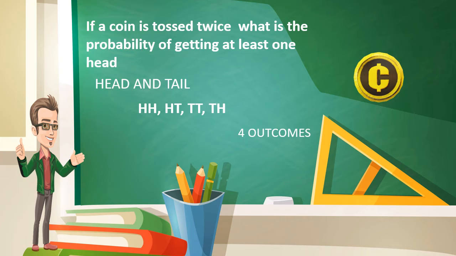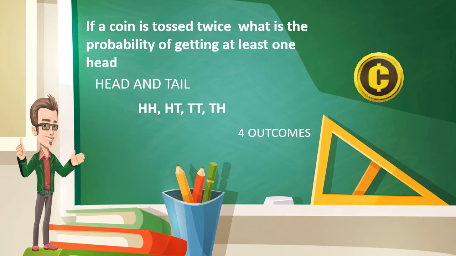Now, the probability of getting at least 1 head after flipping the coin twice will be 3 over 4, because from our outcome of all 4, only 3 of them ended up with at least 1 head.